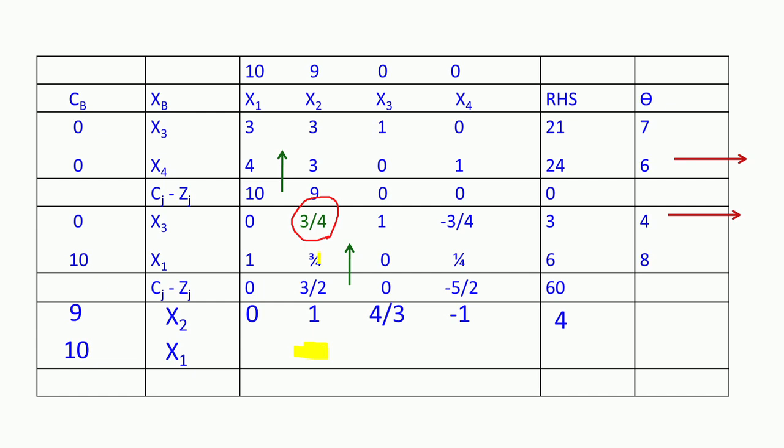So I go back to the previous value which is 3 by 4. So 3 by 4 minus 3 by 4 into 1 is 0. So 1 minus 3 by 4 into 0 will become 1.